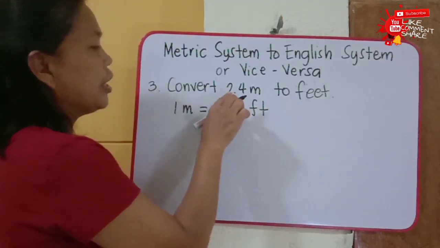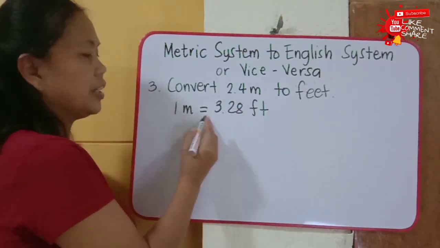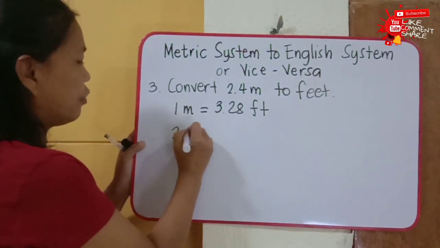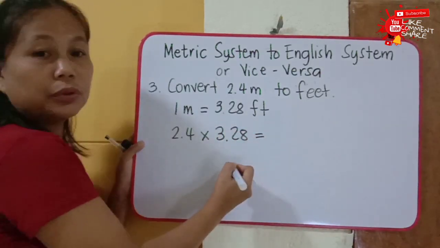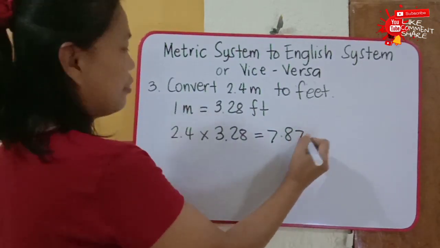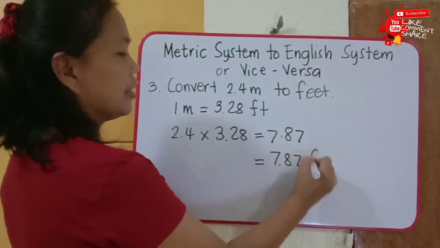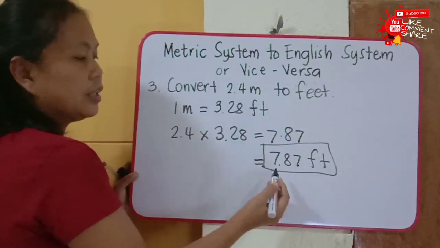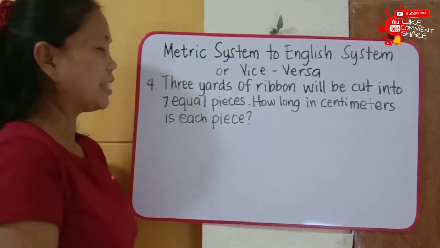So we will multiply 2.4 by 3.28, which is equal to 7.87. So the final answer is 7.87 feet. So 2.4 meters is equal to 7.87 feet. Okay, now let us have example number 4.